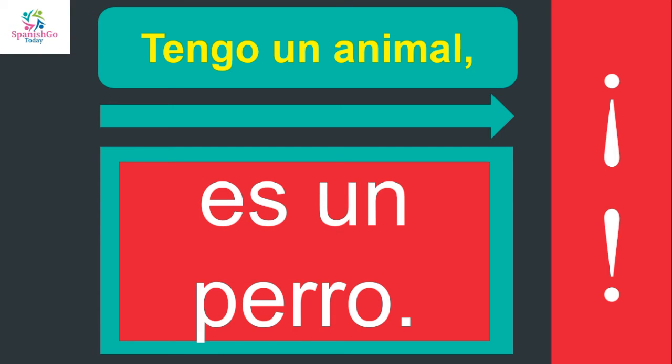The word for a dog is un perro. P-E-R-R-O. Perhaps to help you remember, you can imagine a dog eating a pear. Perro. So I have a pet, it's a dog, would be: Tengo un animal. Es un perro.